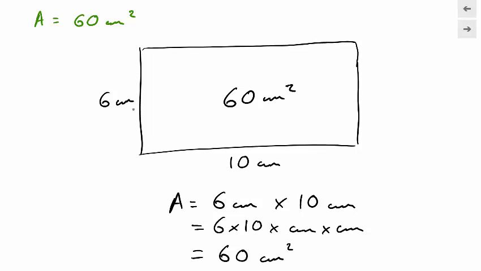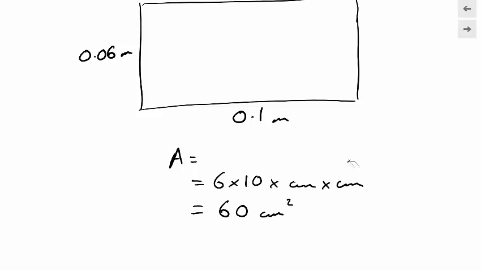Now let's suppose I change these side lengths to convert them into metres. 6 centimetres is how many metres? Well, it's 0.06 metres. And 10 centimetres is how many metres? Well, it's 0.1 metres. Okay, so now let's work out the area using metres.